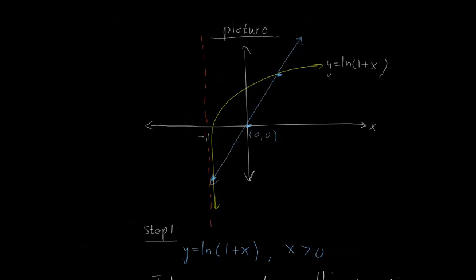So now we have this function y equals ln of 1 plus x, and the secant line which goes through 0, 0. Since it's a line, it has to go through 0, 0, but it's going to intersect the curve at 2 points because it's a secant line. So this is an interesting concept.